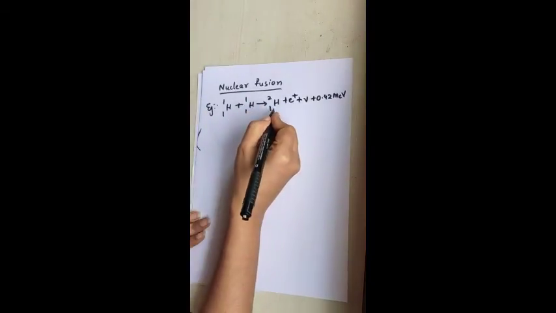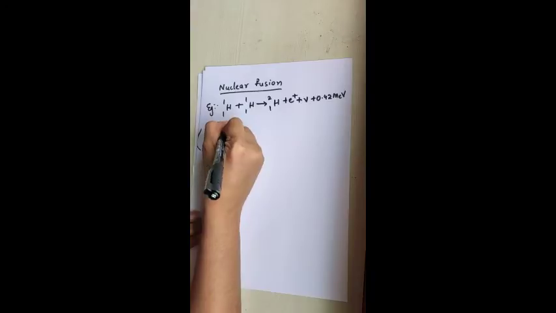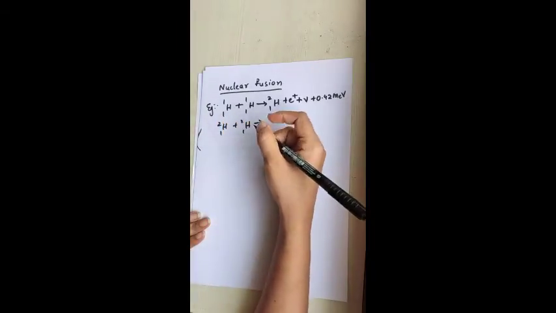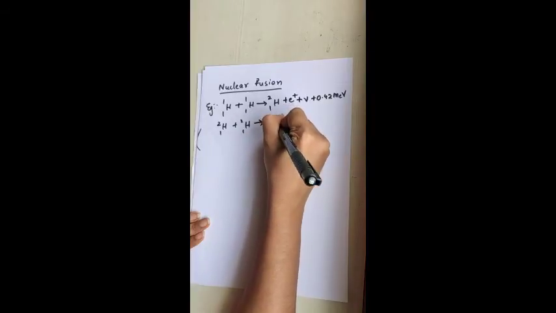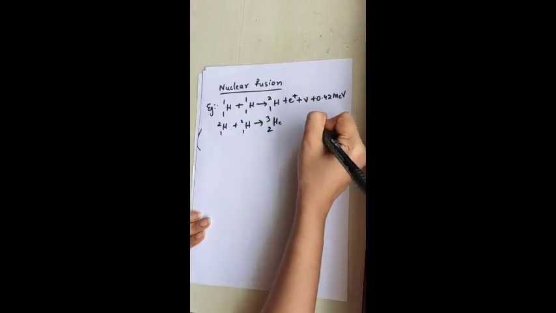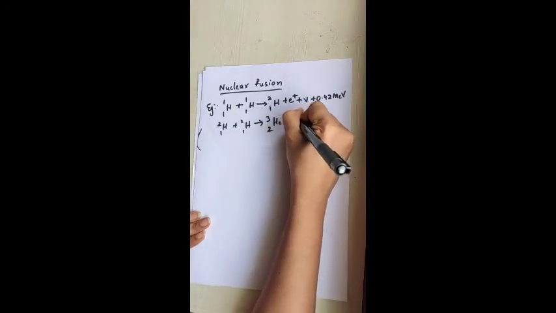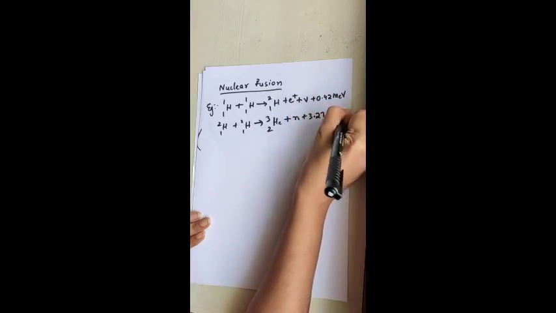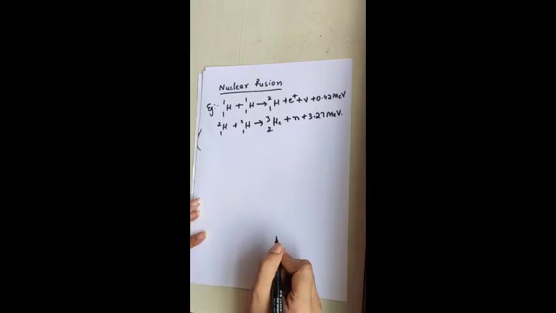Further, this nuclei combines with another nuclei of deuterium and it gives an isotope of helium, that is 3He2 plus a neutron, and 3.27 mega electron volt of energy is released here.